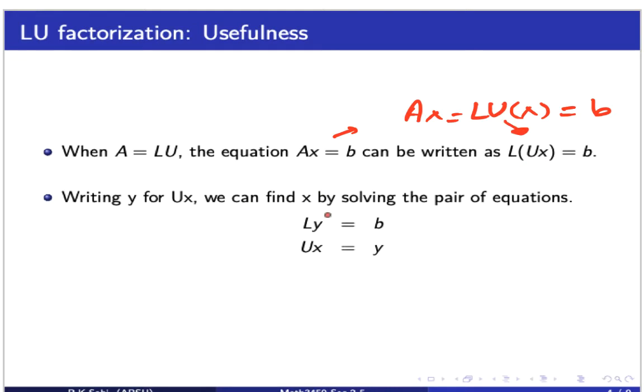In order to solve this matrix equation, you can first solve Ly equals B, by letting Ux equal y, and then we can solve for X. The reason it is very nice to use LU factorization is that we are only going to have triangular matrices to solve.